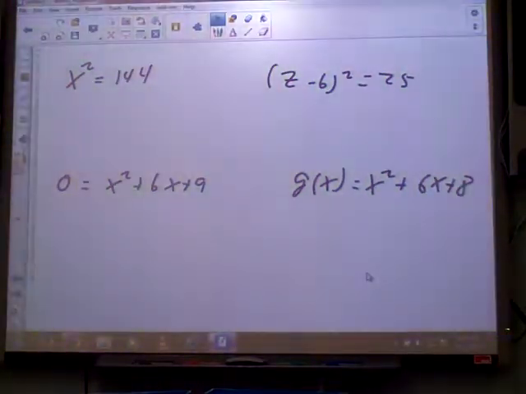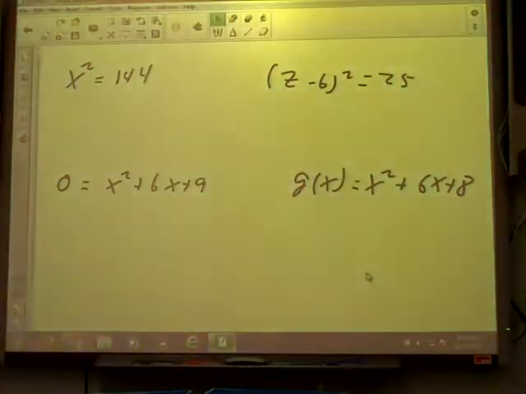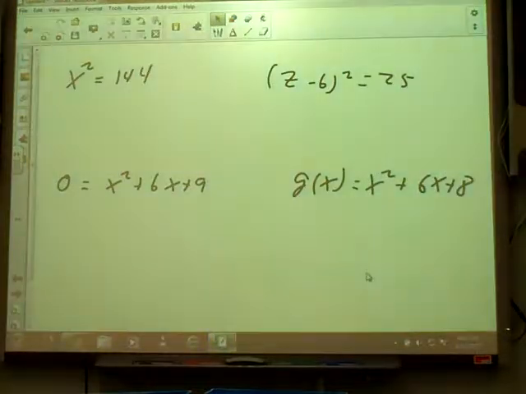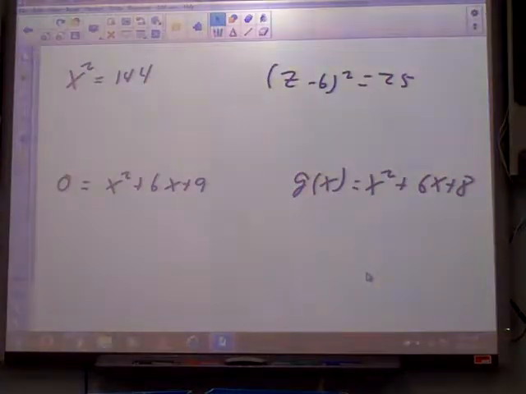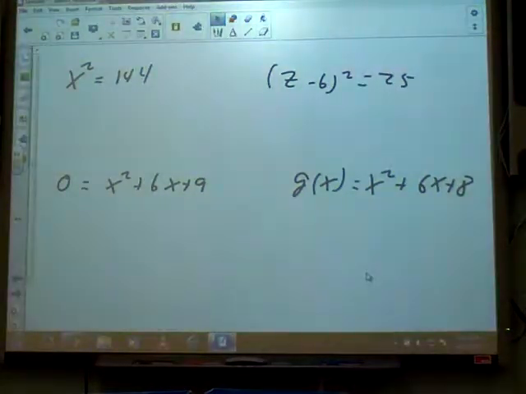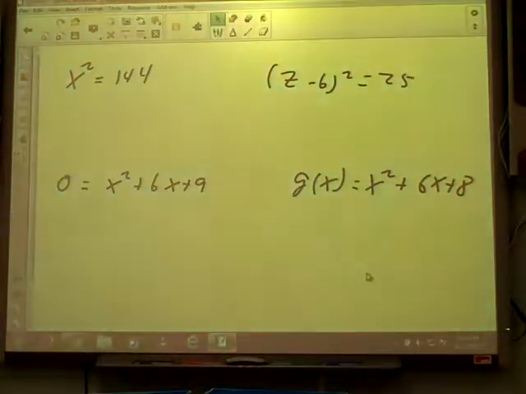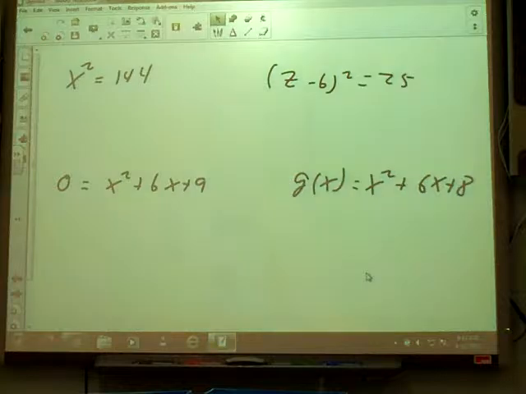Is that a Z? Yeah. The first one only has one answer, right? Well, no, Dalton. My bad. Technically that's 2 because of the plus minus. So just x equals 12, right?